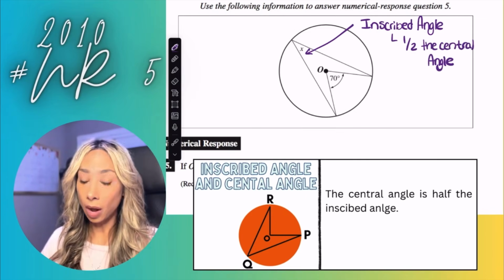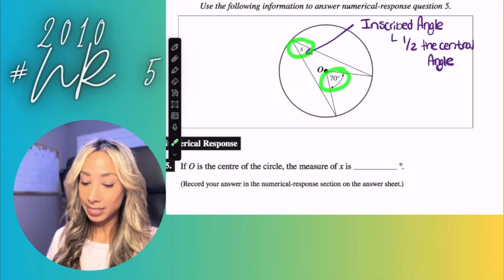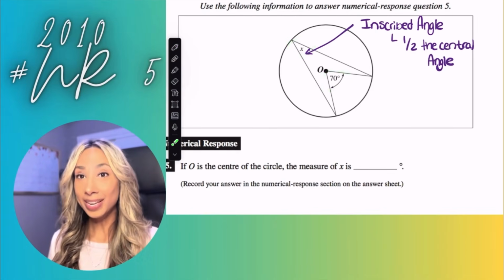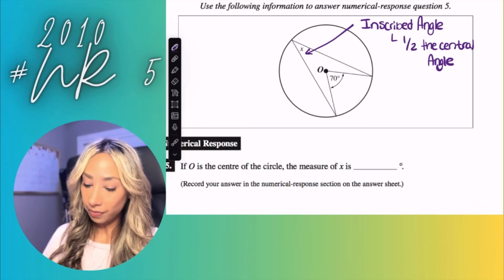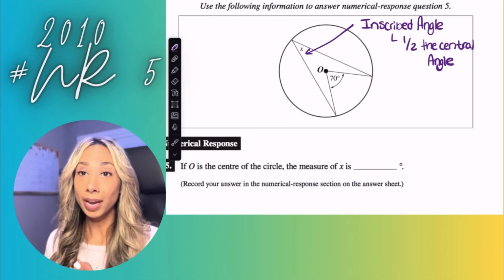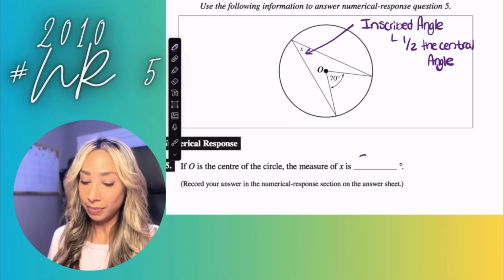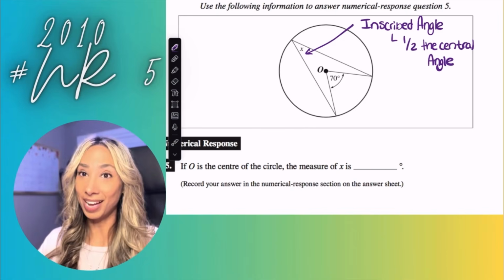Or you can also say the opposite: the central angle is double the inscribed angle. So then in this case, once you know the rule, it becomes a little bit easier. Well, if this angle is 70 and the inscribed angle is half, we have to find out what half of 70 is. Well, half of 70 is going to be 35. So that tells us that X is 35.